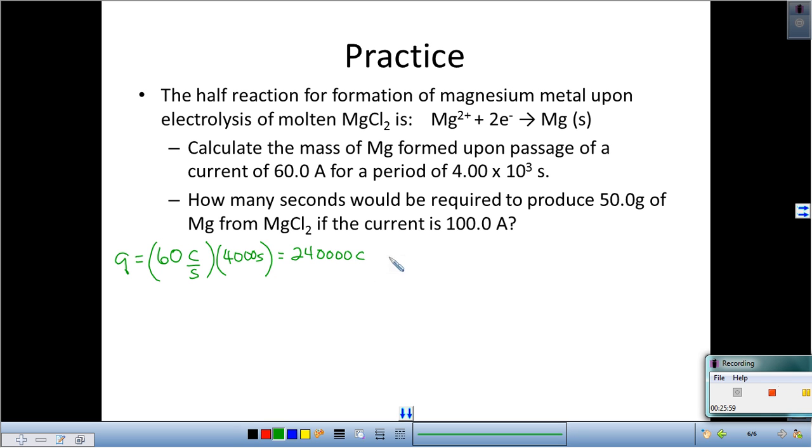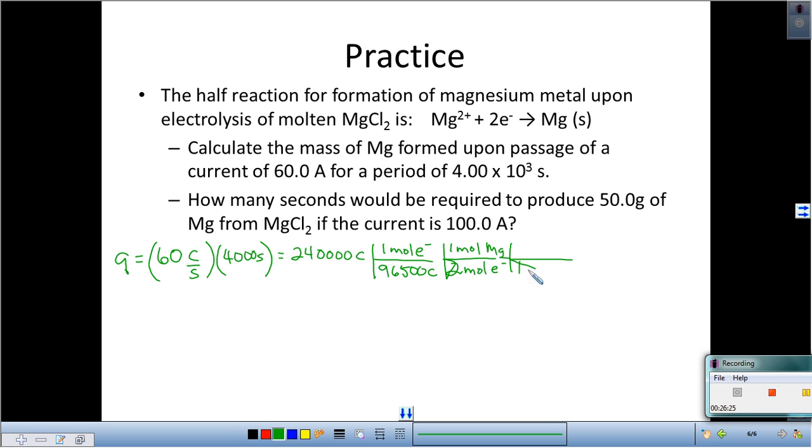Now we got to get to grams of magnesium. So we're just going to start. Faraday's constant, that many coulombs in a mole. We know for every 2 moles of electrons, we get 1 mole of magnesium.